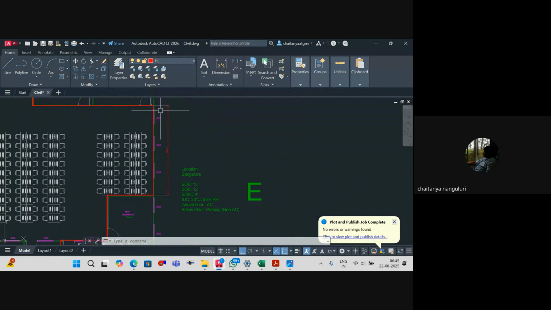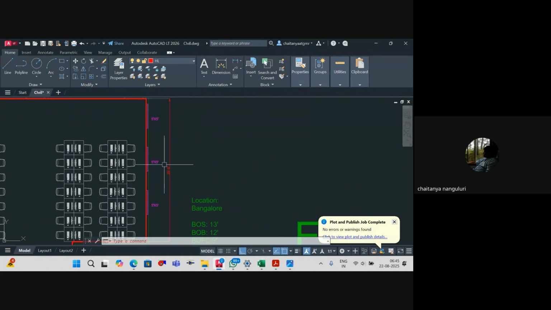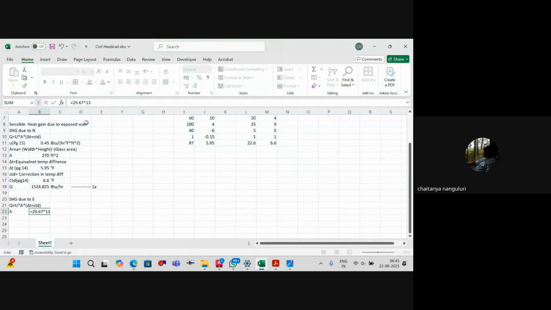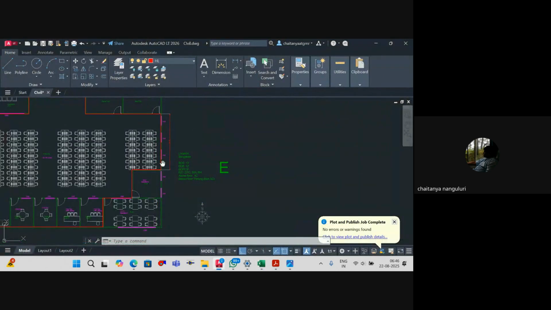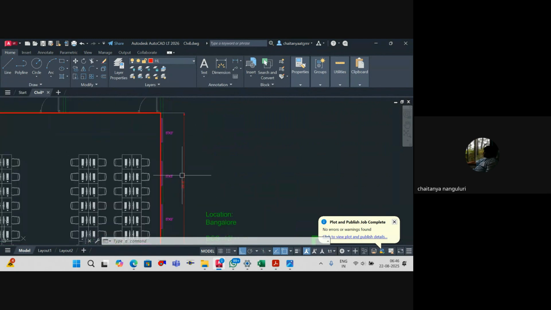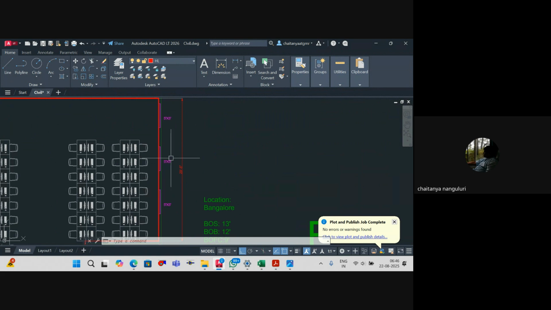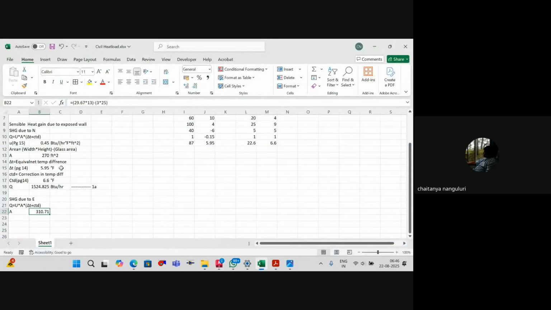Minus, don't you think you have to remove the windows? I've got 3 such windows, each 5 into 5, which is 25 square feet. So minus 3 into 25. So we got this value, which is the area of exposed wall in the east direction.